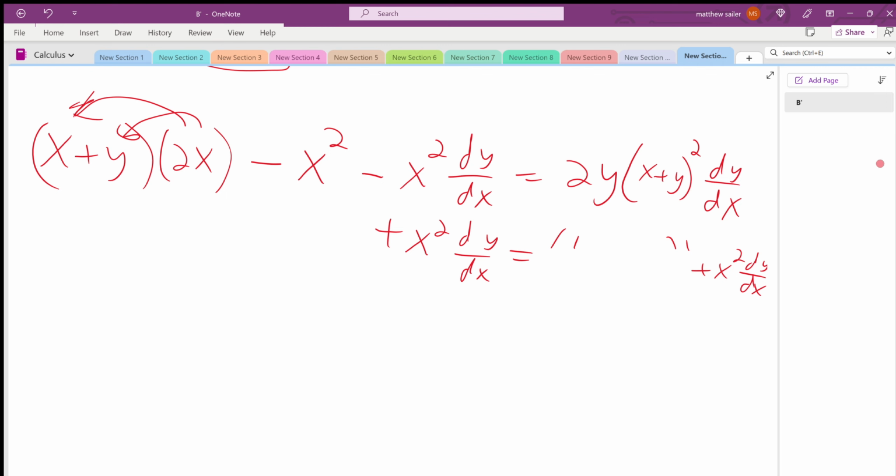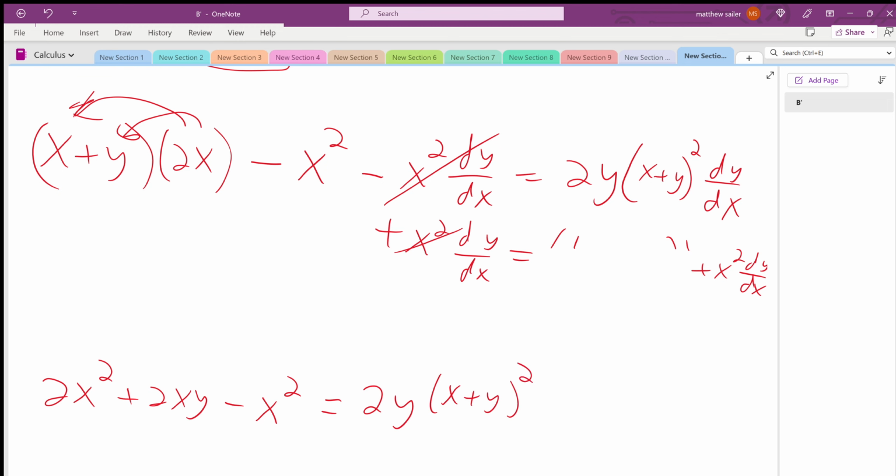So we distribute this 2x, we get 2x squared plus 2xy minus x squared. And then since we added this, this goes away on the left hand side. On the right hand side, we have 2y x plus y squared dy dx plus x squared dy dx.